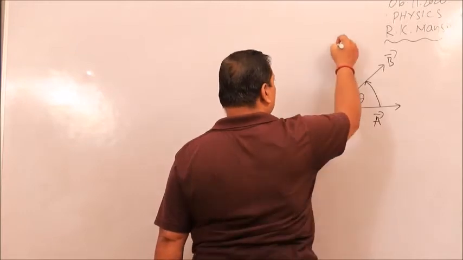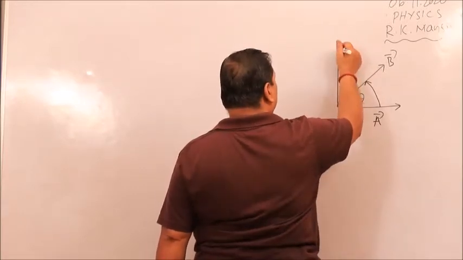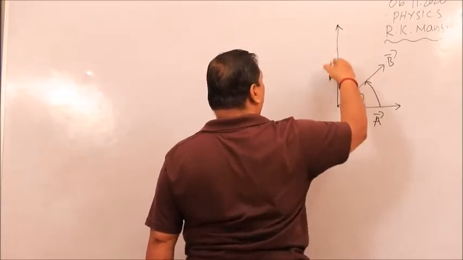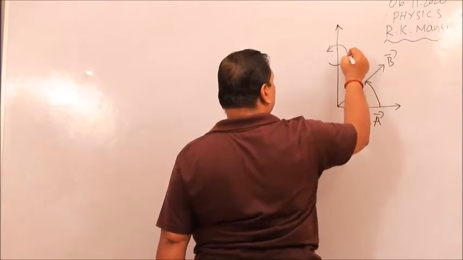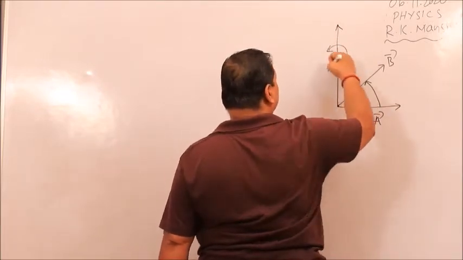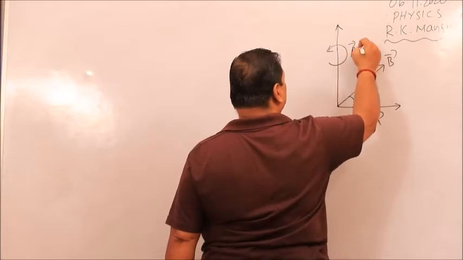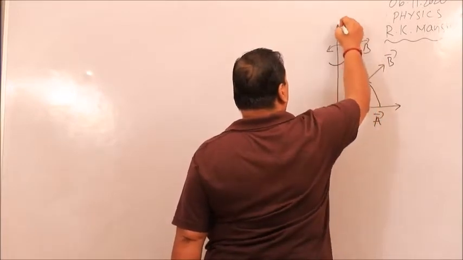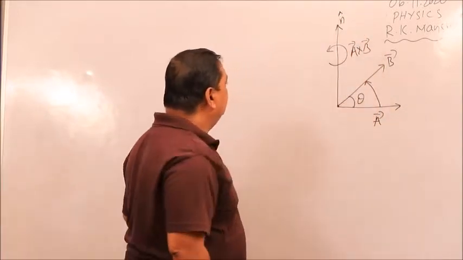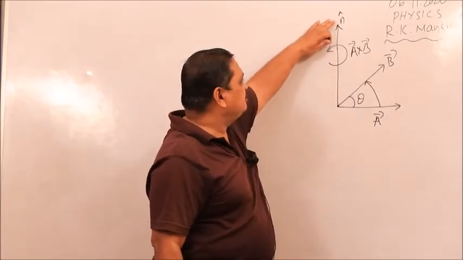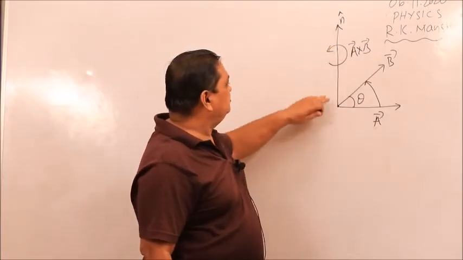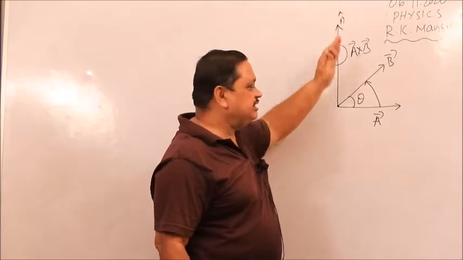So that is seen in the upward direction. Since it is anti-clockwise direction, here the symbol is also anti-clockwise, that is A cross B, here n cap. This n cap is showing the direction of the new vector. So A cross B direction is upward.